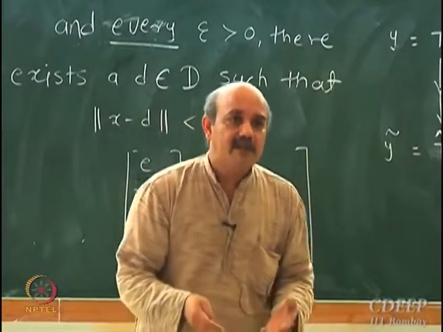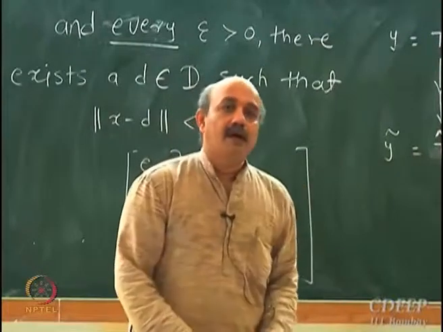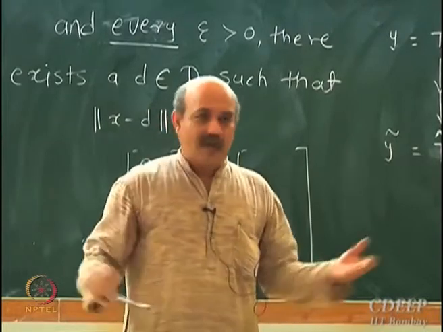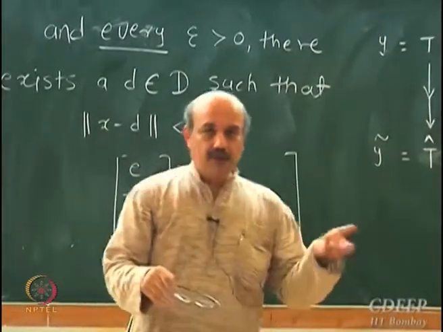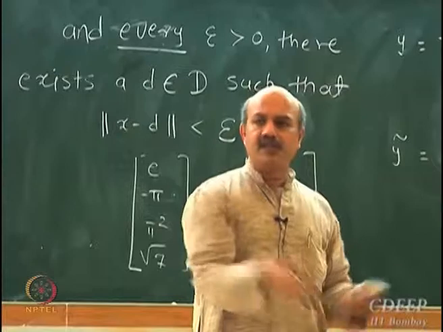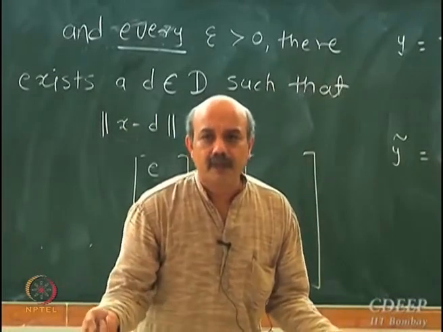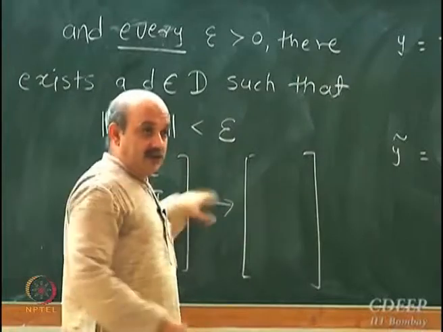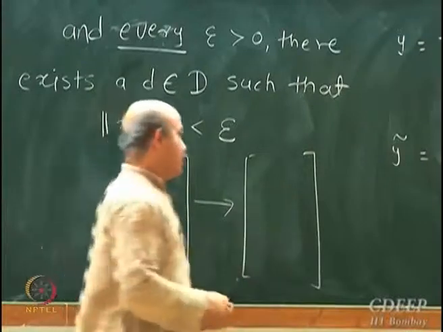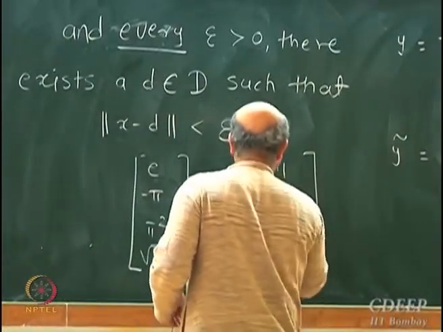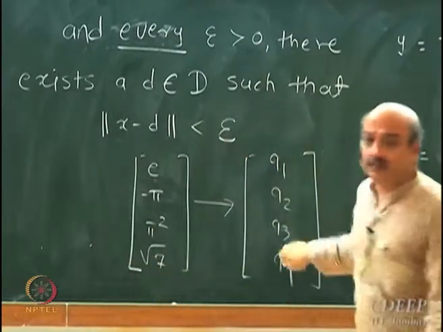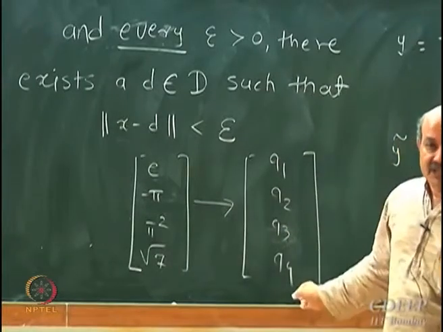I want a similar result in the set of continuous functions. We have seen that when you deal with partial differential equations, boundary value problems, or ordinary differential equations, you will be dealing with sets of continuous functions. So this is nice here, that I can use rational approximations q1, q2, q3, q4, a rational approximation of this, and in my computer I can do calculations with it.